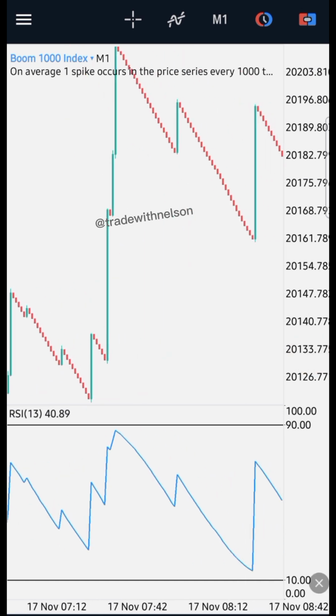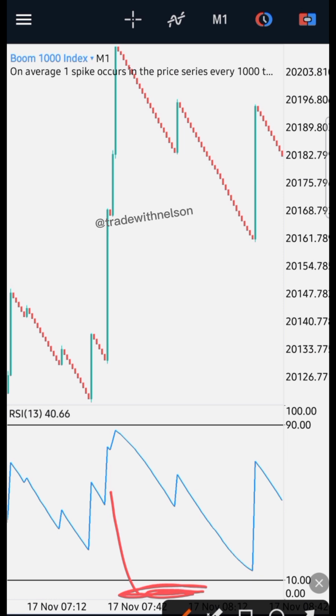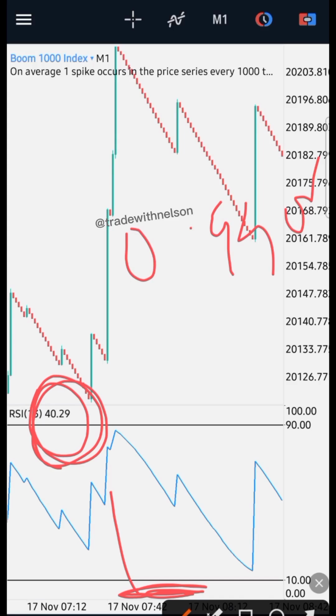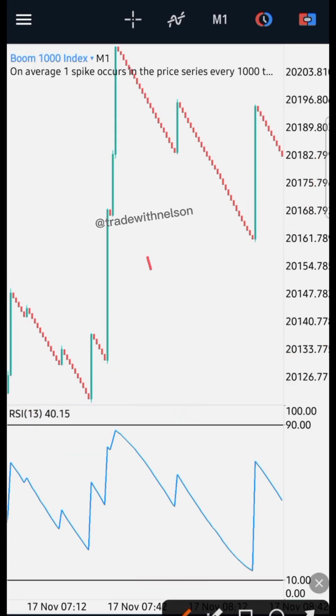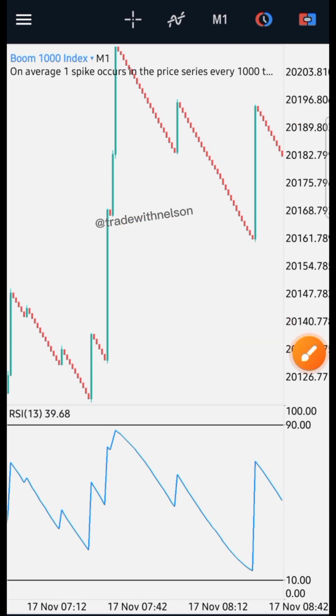So we are waiting for this line in the RSI to drop inside the 10 level, and we are waiting for this RSI number to always be below 1. We want it to drop to a number below 1. It can be 0.99, 0.60, 0 point something, but you must make sure that it is less than 1.